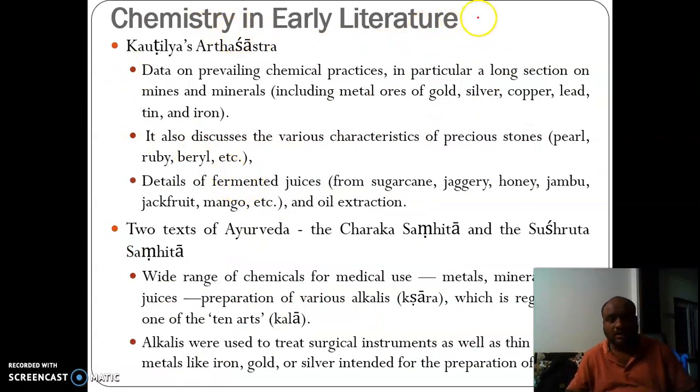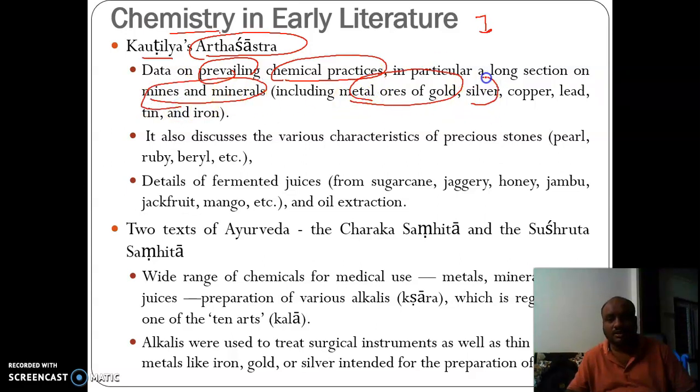This early literature also gives a few details of chemistry from Kautilya Arthashastra, which gives data on the chemical practices prevailing at that time, in particular about mines and minerals, including metal ores of gold, silver, copper, lead, tin and iron.